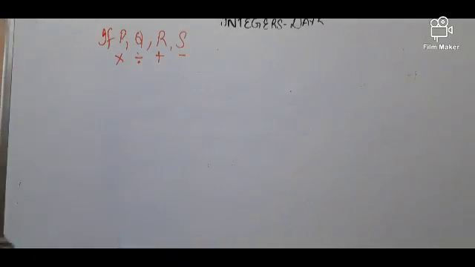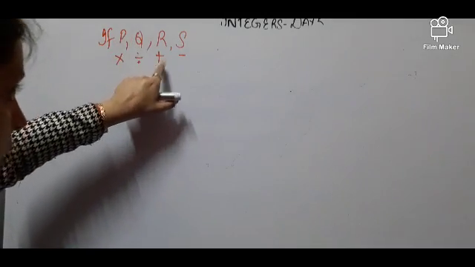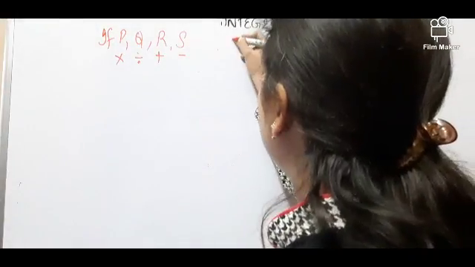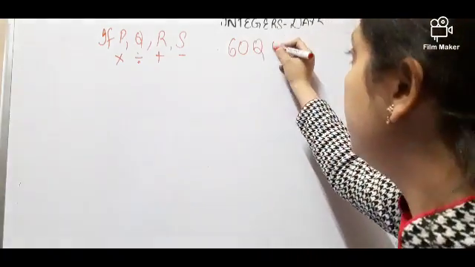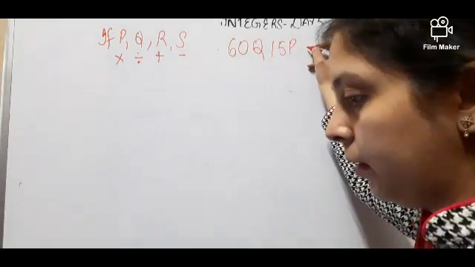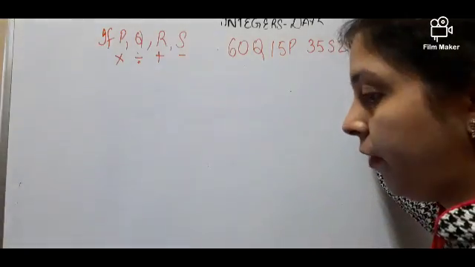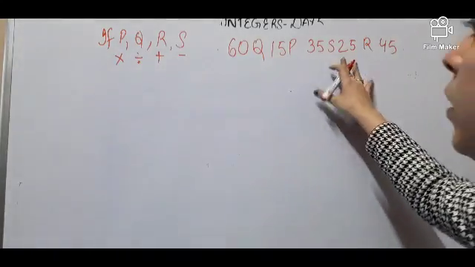P means multiply, Q means divide, R means positive and S means subtraction. Then we have to find the value of 60 Q, 15 P, then 35 S, 25 R, and then 45.